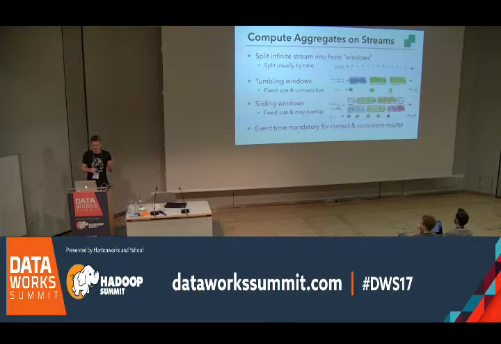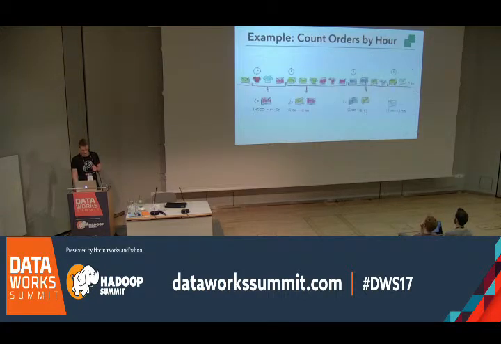And here it's important to highlight that again we need event time support to assure that the events are assigned to the proper windows, because when the events are ingested in your system, they might be out of order. So that's an important feature of a stream processor to finally produce the correct results in the end. All right.